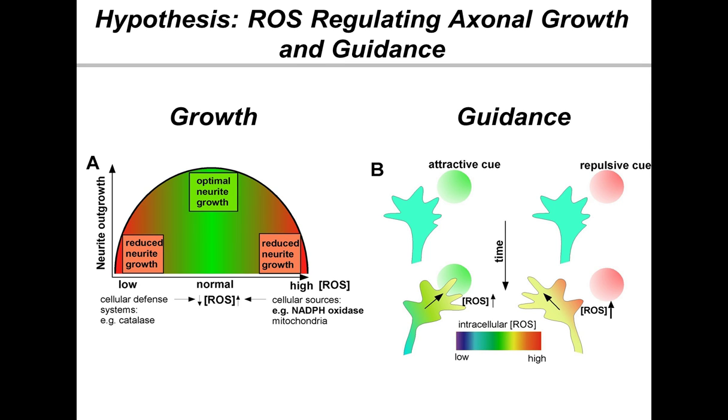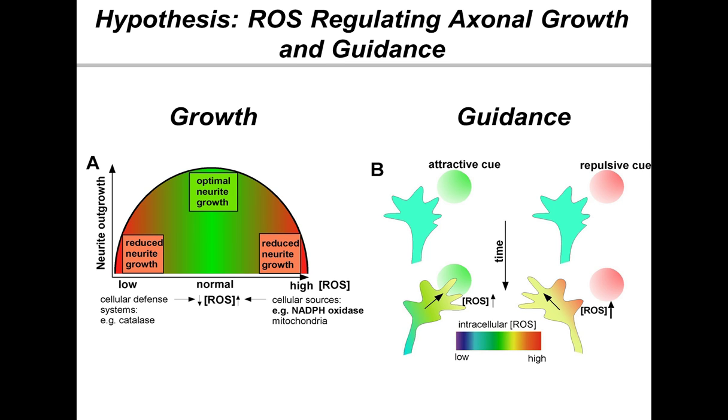With respect to growth guidance, we can envision multiple scenarios, but some simple hypotheses are depicted here. If you think about a repulsive cue indicated by the red gradient on the right side, the growth cone would turn away from that source. This could be mediated by an increase of ROS, as indicated here by the red color.